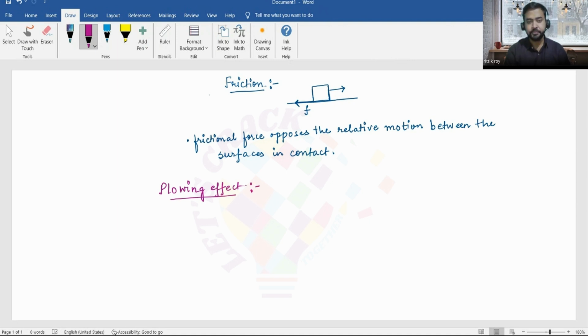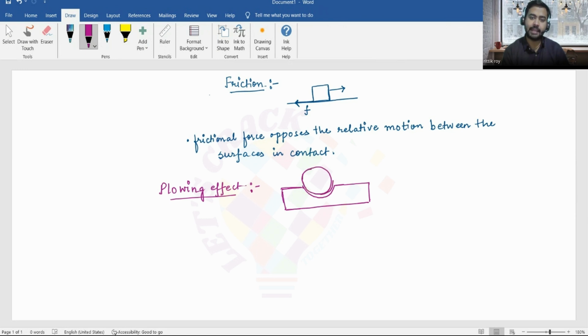Now see, suppose this is an object, and it is relatively soft in nature. Suppose I have kept an iron ball just above the surface.